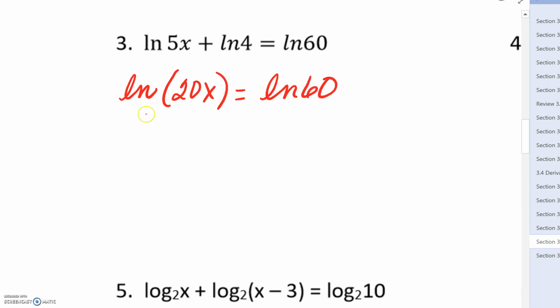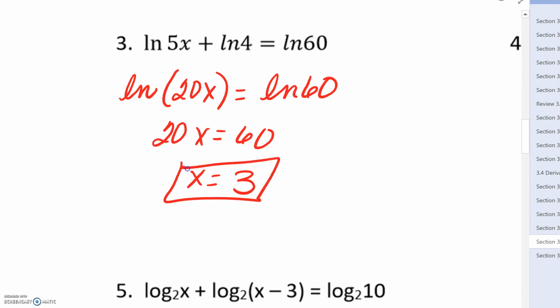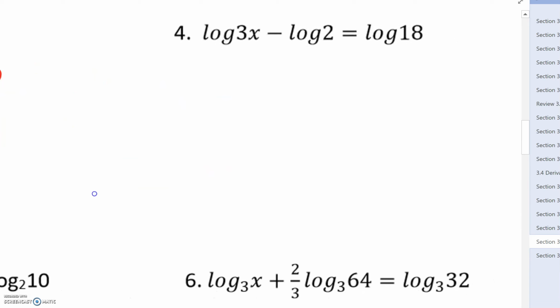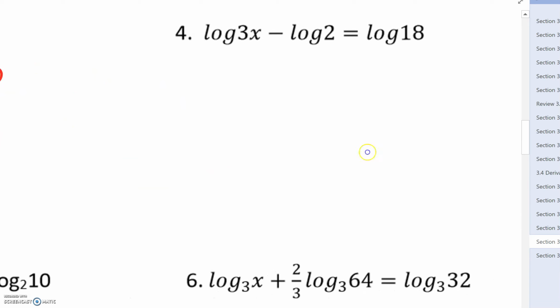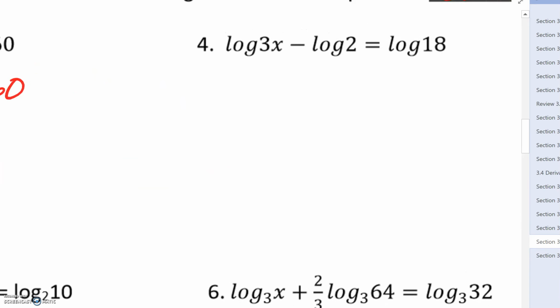Once you have a single log on the left and a single log on the right, you can use the one-to-one property. 20x equals 60, so x is 3. Quickly double check and make sure that doesn't make you take the log of a non-positive number up here. It doesn't, so I'm good to go. That is my answer. Over here on number 4, I have the difference of two logs.